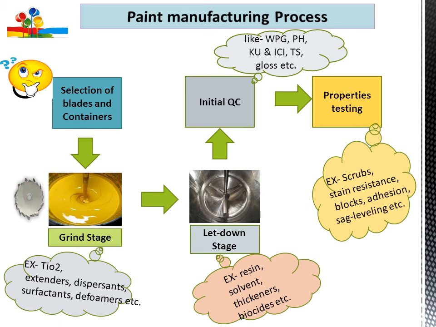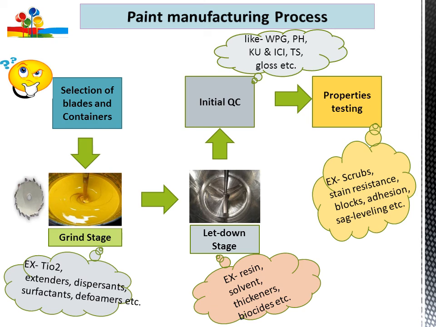Then we check adhesion. Adhesion, as we know, is a very essential property of the paint, because without adhesion, all the other properties do not have much impact. Adhesion is the ability of paint to adhere to any substrate. Then sag and leveling.